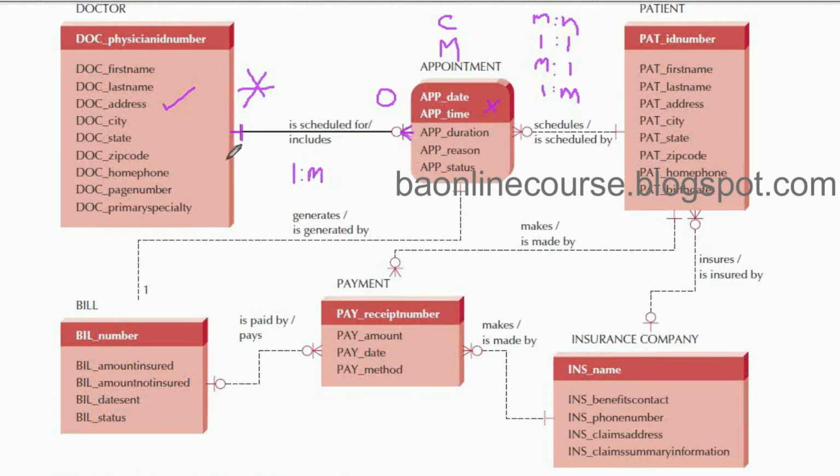Very simple to remember. If there are three lines, it's multiple. If it's one line, it's one. So I can say this is a 1 to many type of relationship, which means one doctor can have multiple appointments. One appointment would have only one doctor. Cardinality is clear.